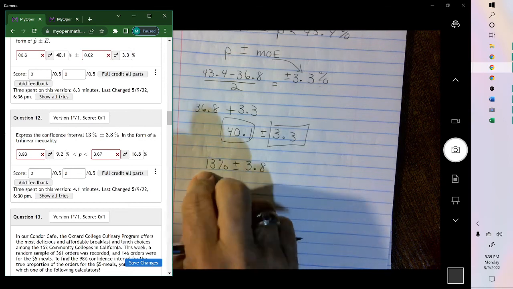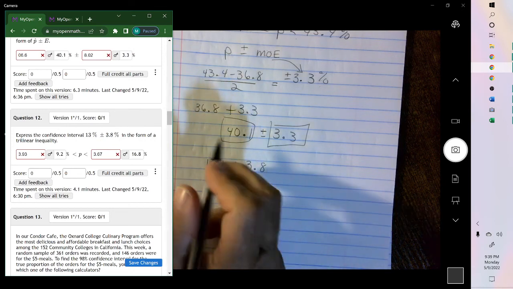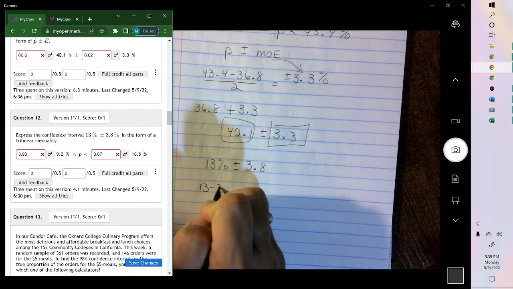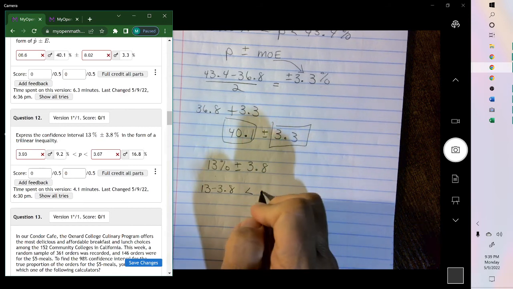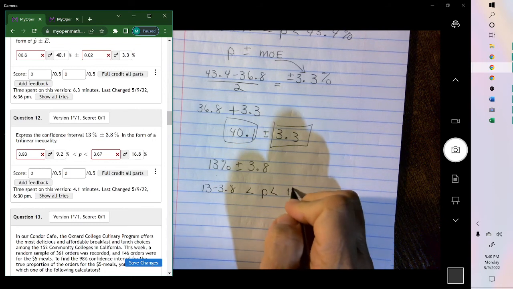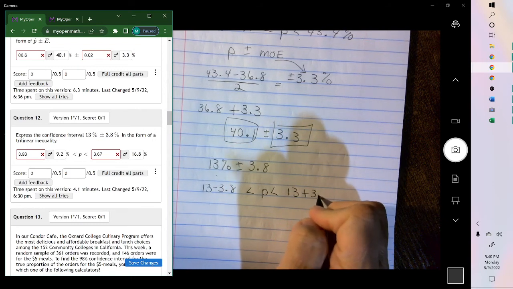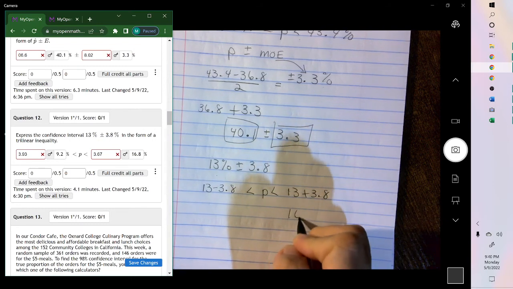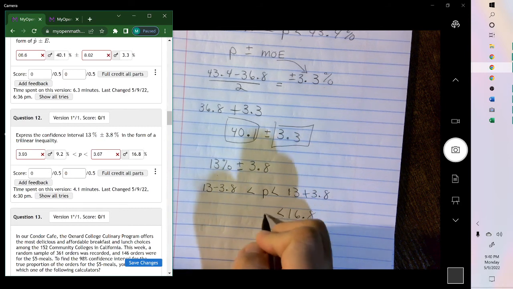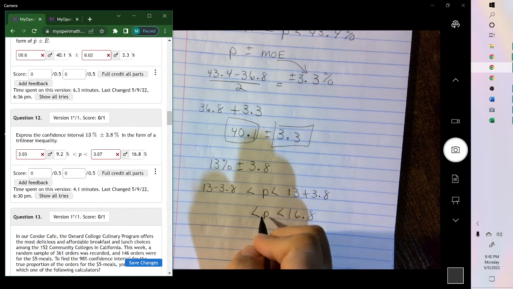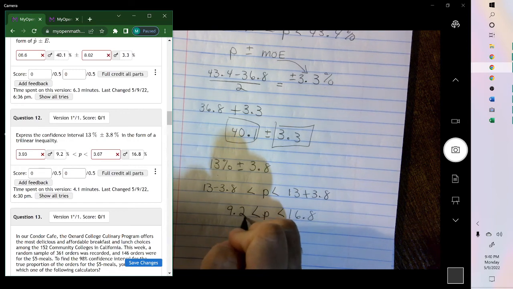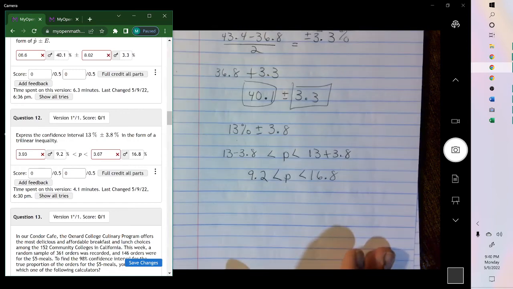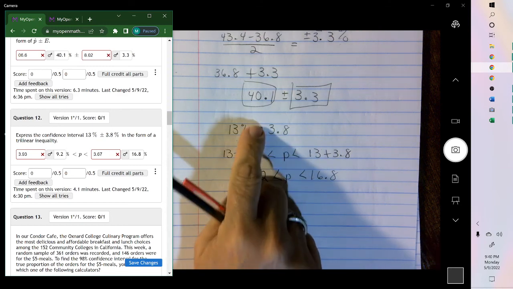So if we take 13 minus 3.8, and 13 plus 3.8, 16.8, and so this one's just going backwards.